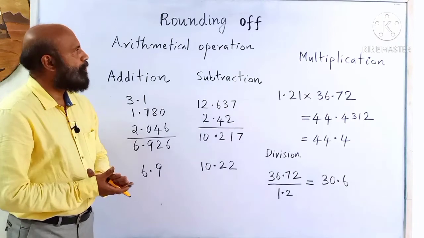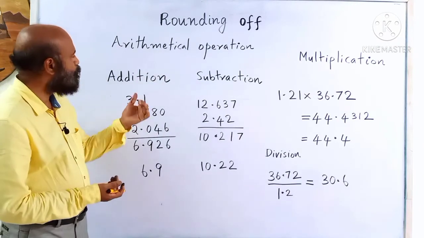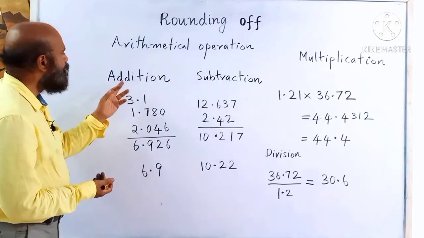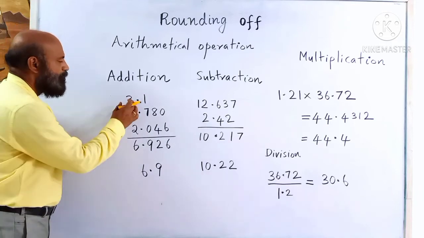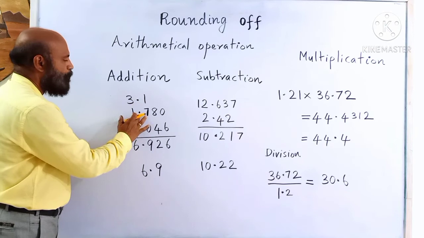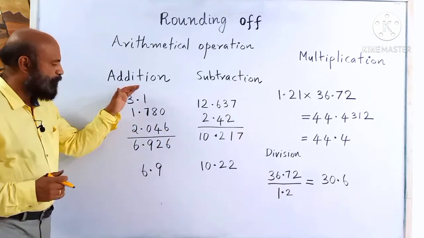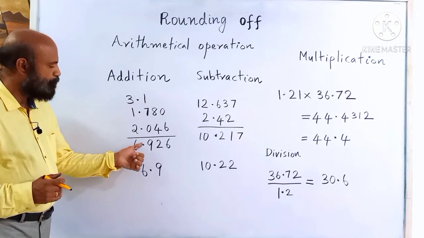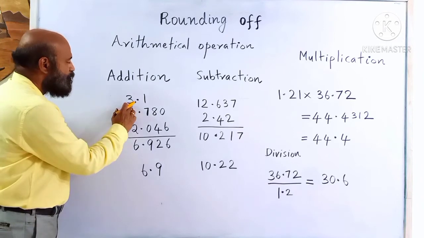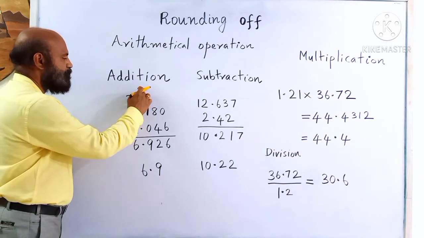Now let's apply rounding off in the case of arithmetic operations. 4 operations are there: addition, subtraction, multiplication, division. First let us see addition. 3 data are given: 3.1, 1.780, 2.046. So when you add, you will get 6.926. In this, after the decimal point, there is only one digit.